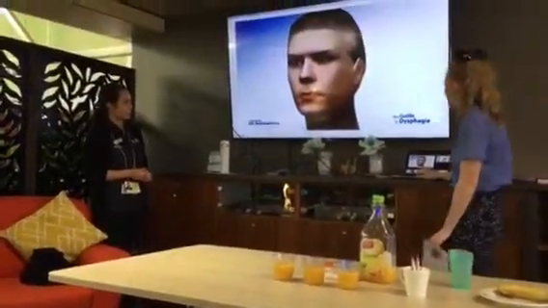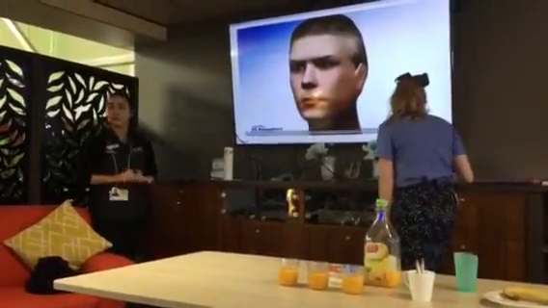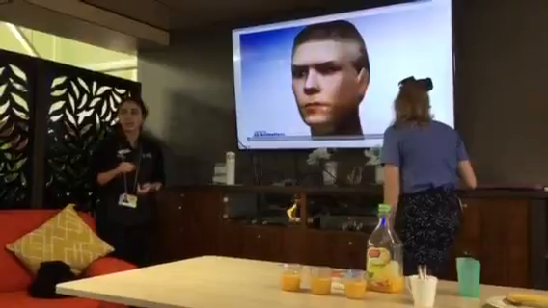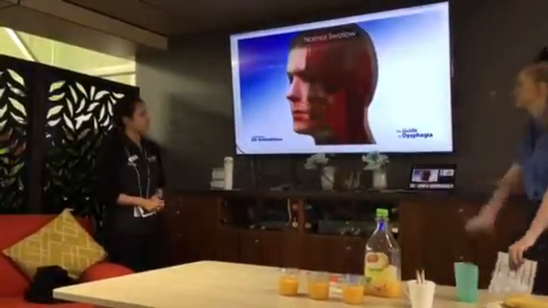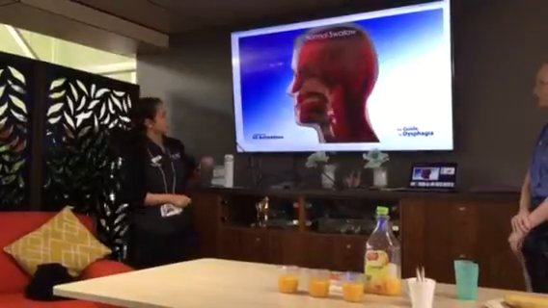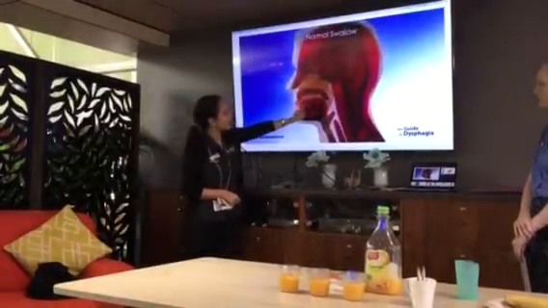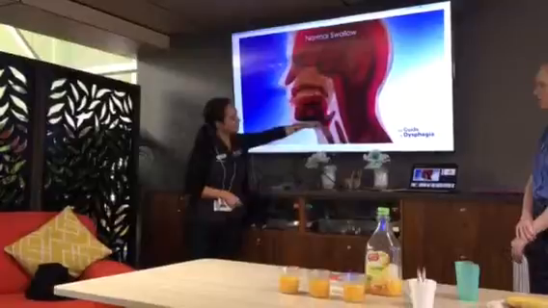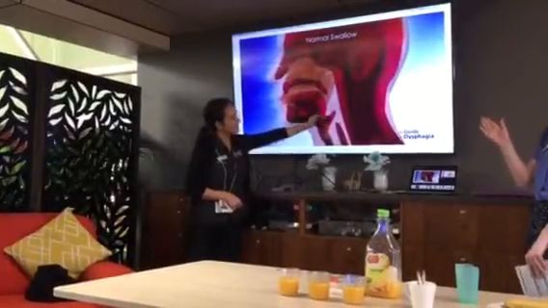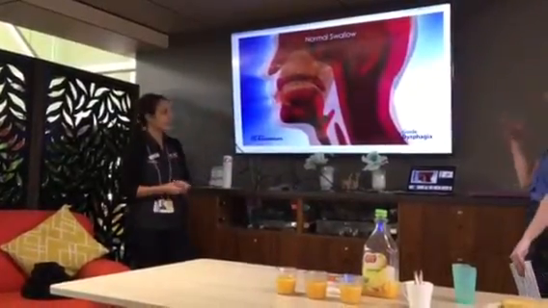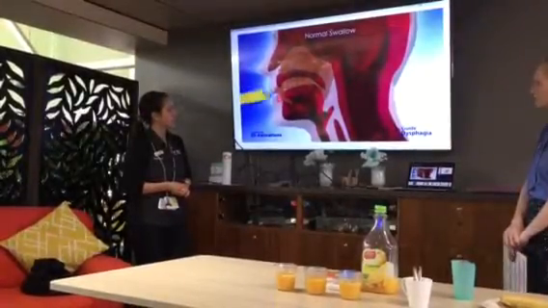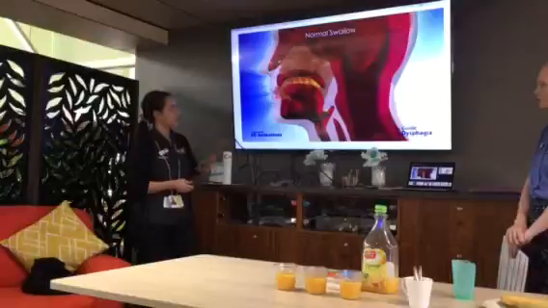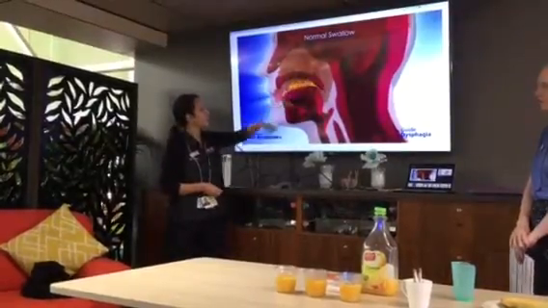So this is just a video. This is going to show you what a normal swallow should look like, and then what a swallow would look like for someone who has dysphagia. So you can see this is the tongue here. This is the epiglottis that I was talking about that's going to close off the airway. So this is the bolus of food.